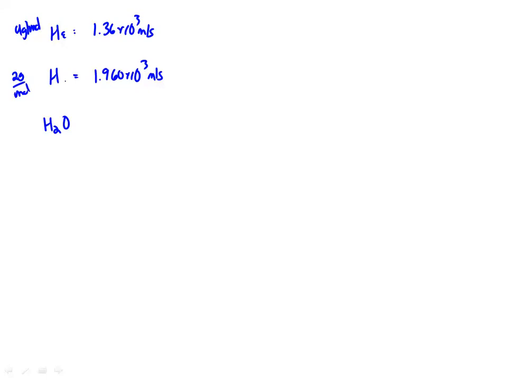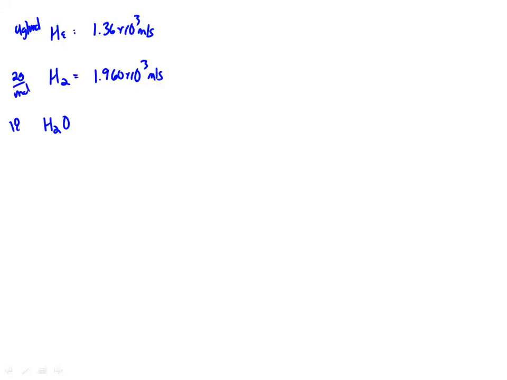To give a scale, and this is in your book, helium is about 1.36 times 10 to the 3rd meters per second. And if we take a look at hydrogen, hydrogen's of course lighter, so we expect its velocity to be larger. It's about 1.960 times 10 to the 3rd meters per second. Versus, say, water, so this is 4 grams per mole. This is 2 grams per mole because it's a diatomic.